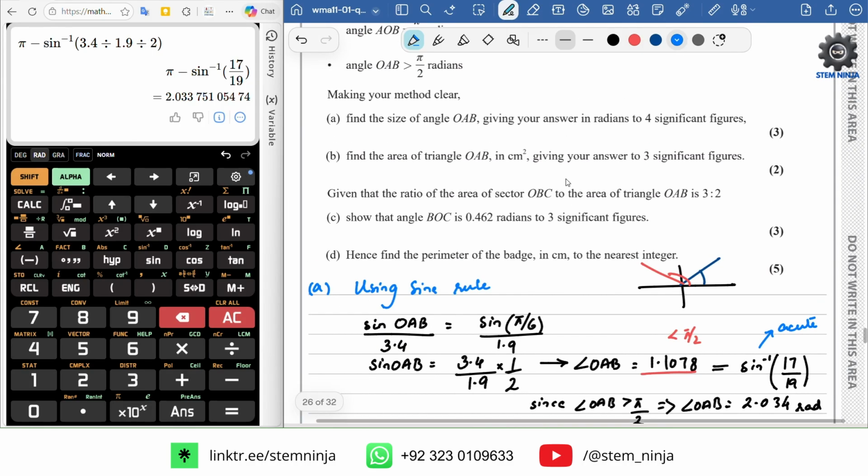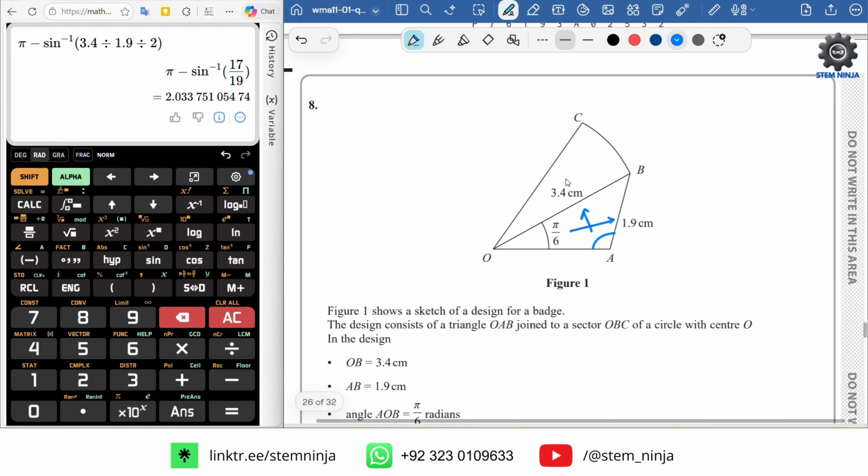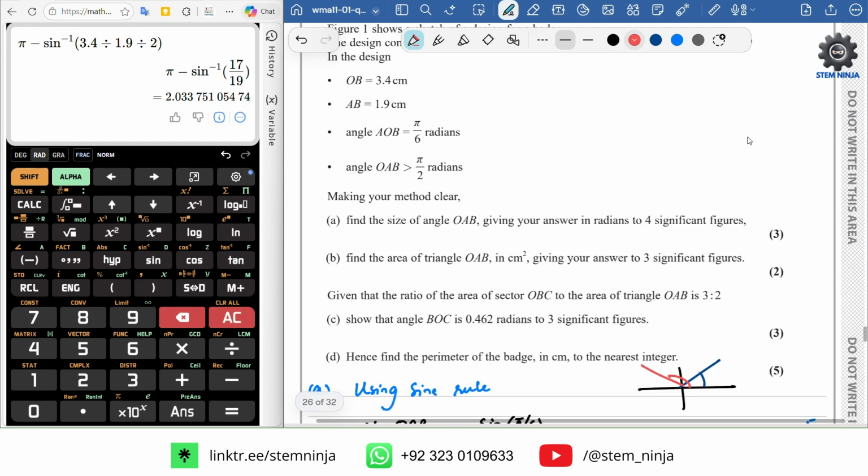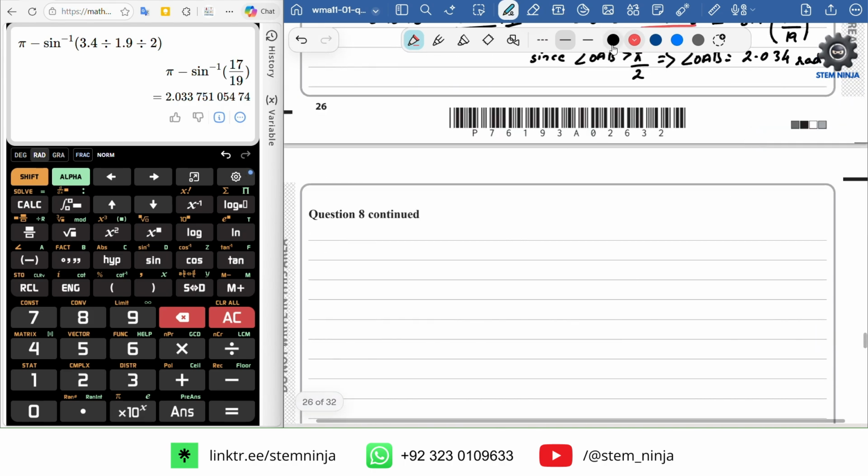Find the area of the triangle OAB in centimeters squared, giving your answer in 3 significant figures. For this one, we need the included angle between the 3.4 and the 1.9. So this is 2.033, or pi minus that, and you have pi by 6 as the other, right?